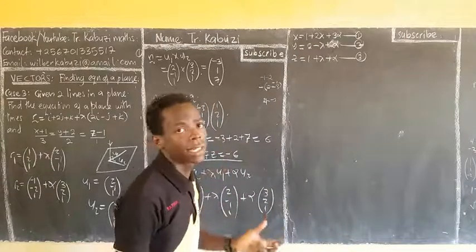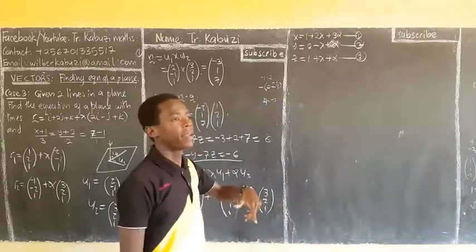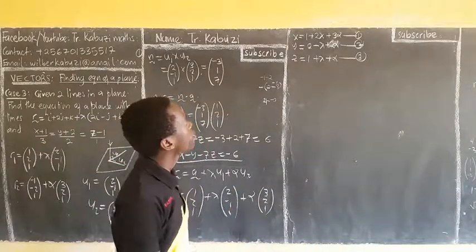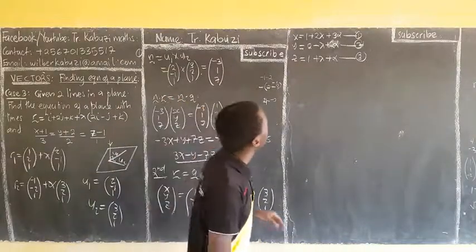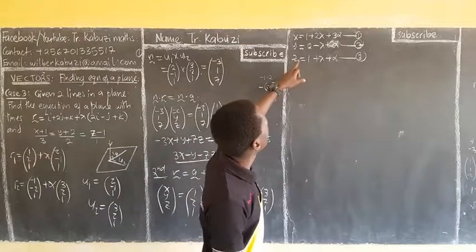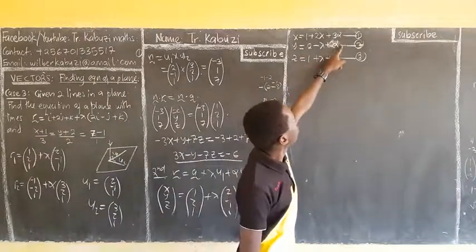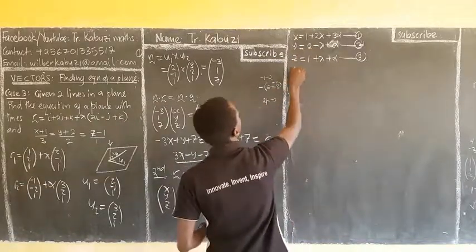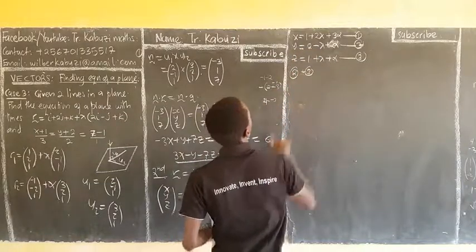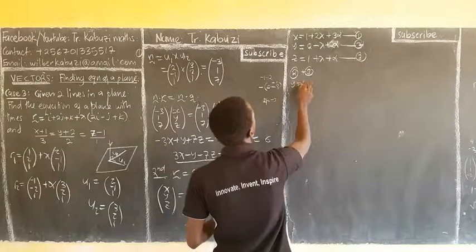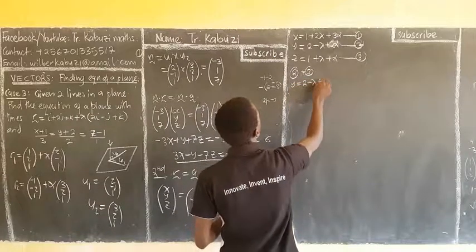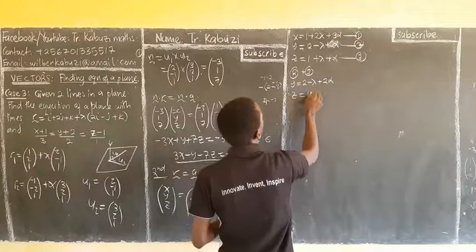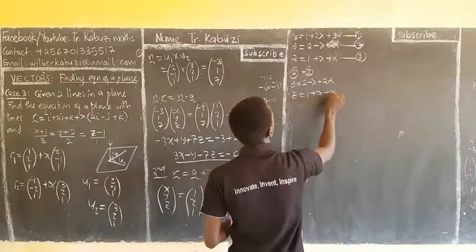You just eliminate one constant, and after the remaining constant you make it the subject of the formula using two equations. So you see, the easiest thing, first of all, I can use this equation and this one to eliminate lambda. So if I say 2 plus 3, I'm going to be having y equal to 2 minus lambda plus 2 alpha, then z equal to 1 plus lambda plus alpha.